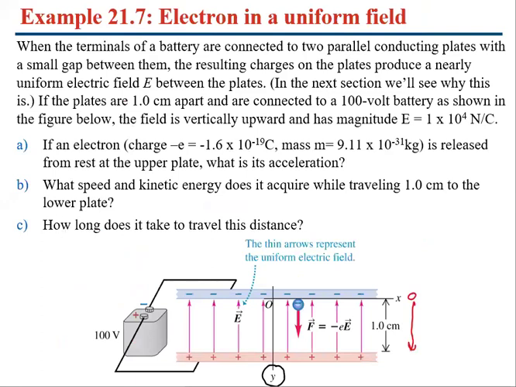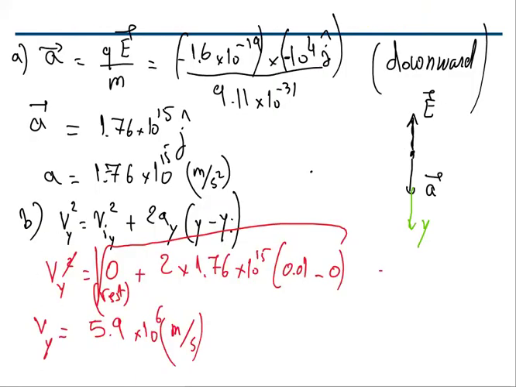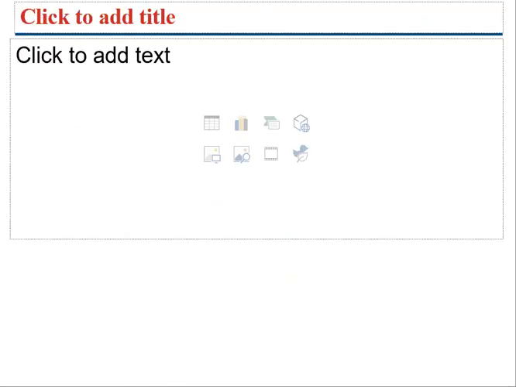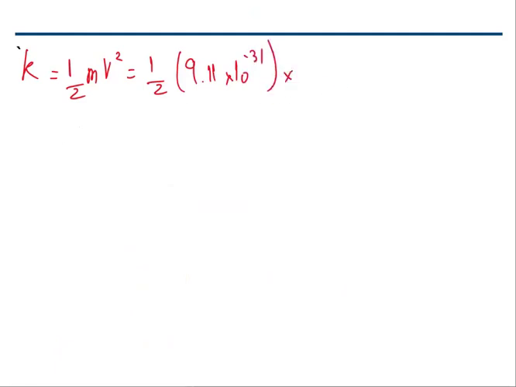Now, what is the kinetic energy? Kinetic energy is half of m v squared. So it's half the electron mass, 9.11 times 10^-31, multiplied by 5.9 times 10^6, squared.